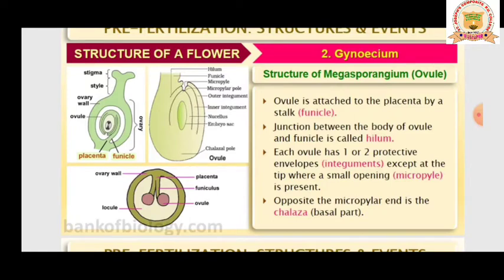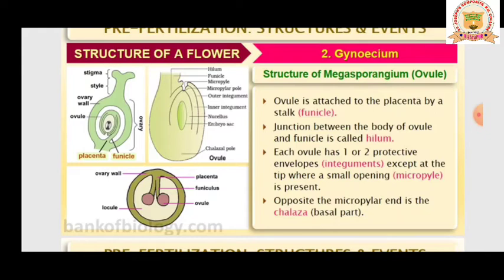Let me try to understand what exactly an ovule means. The ovule is attached to the placenta by a stalk called the funicle. As I explained, there is a funicle present in the ovary, and its work is to attach the ovule to the placenta.